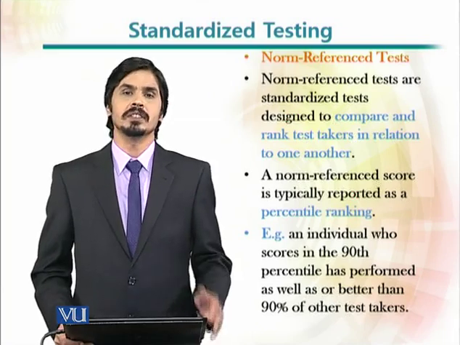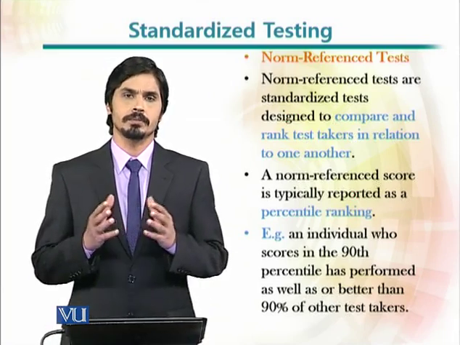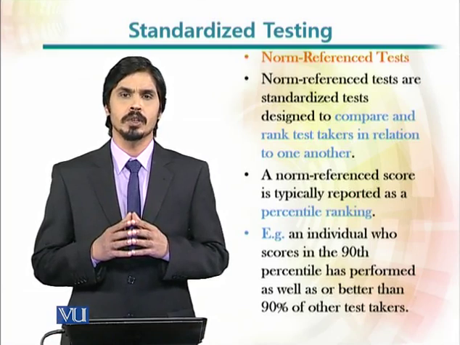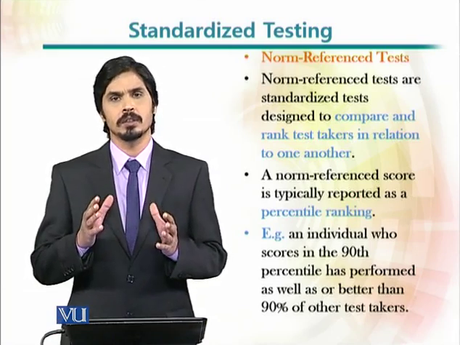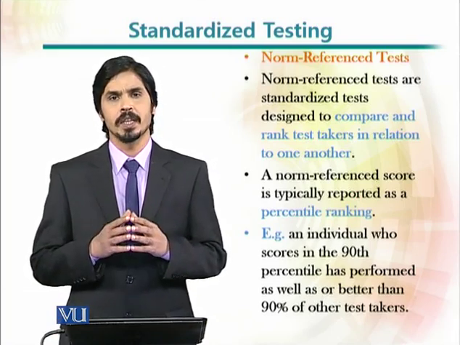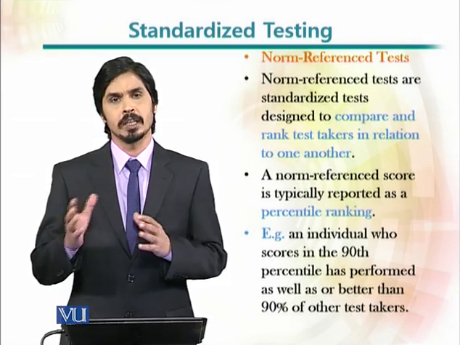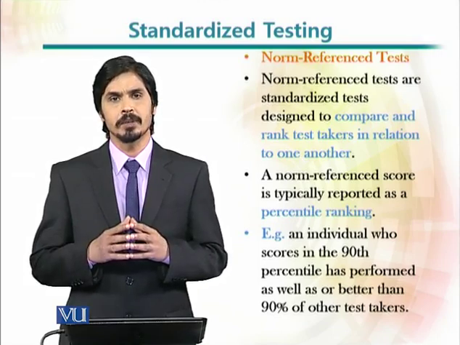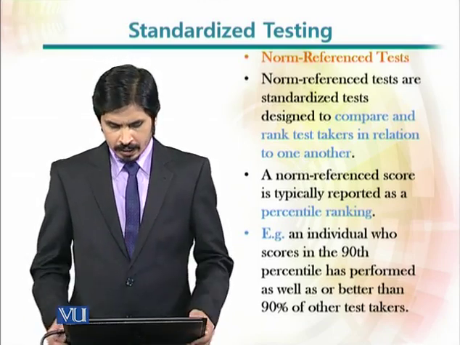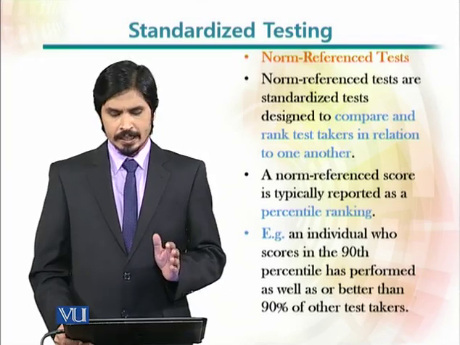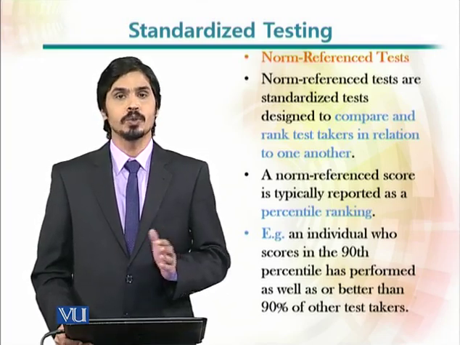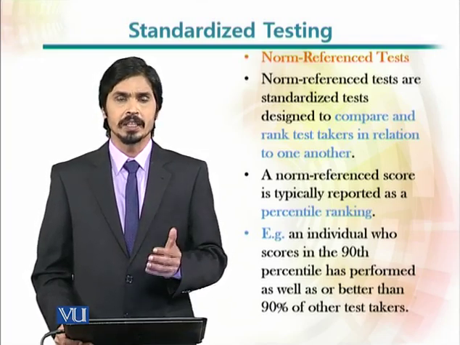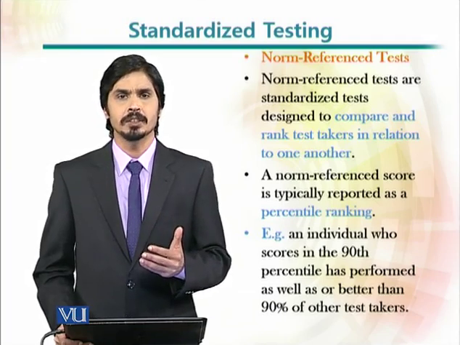Norm reference test is a typical example of a standardized test. It focuses on comparing students in relation to their peers, or other students who are taking the same test, as it compares and ranks test takers in relation to one another, and usually they are measured in percentile scores.